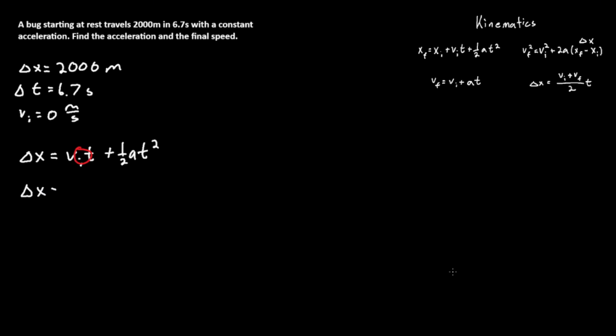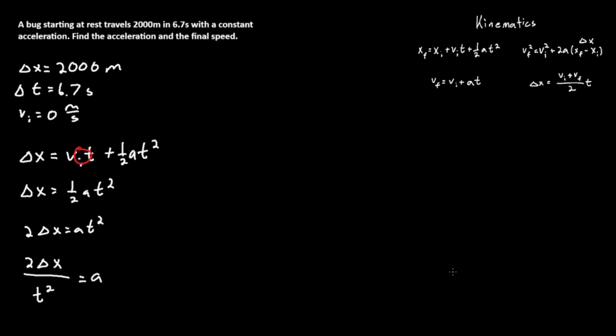Delta x is equal to 1/2 acceleration times time squared. If you multiply by 2 on both sides, you get 2 times delta x is equal to acceleration times time squared. And if you divide by time squared on both sides, you get 2 times delta x divided by time squared is equal to acceleration.